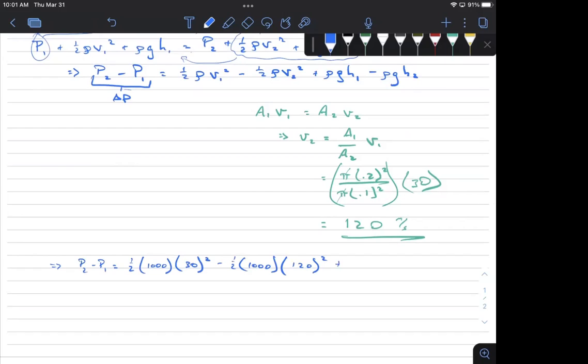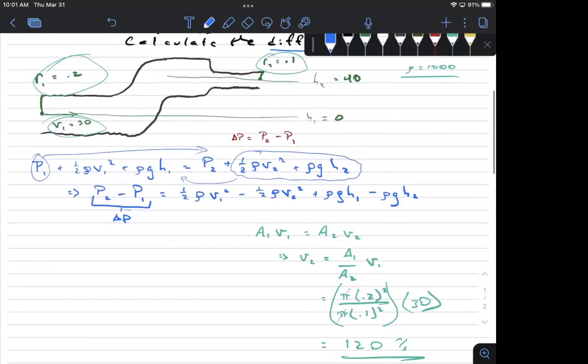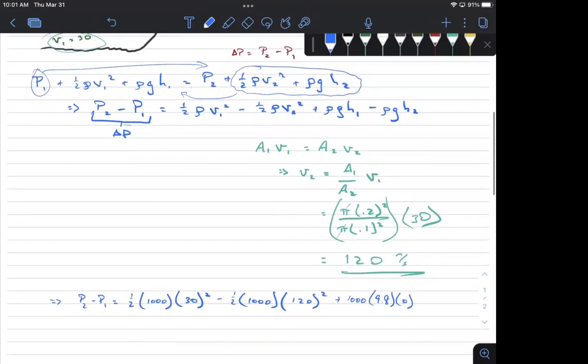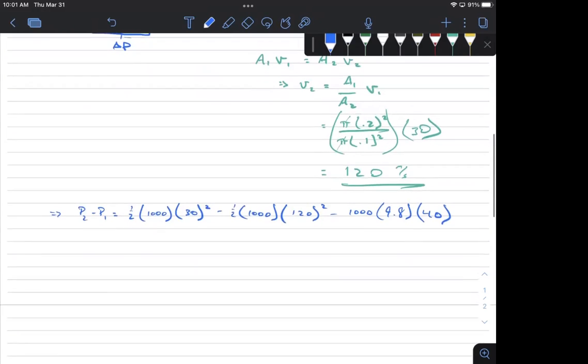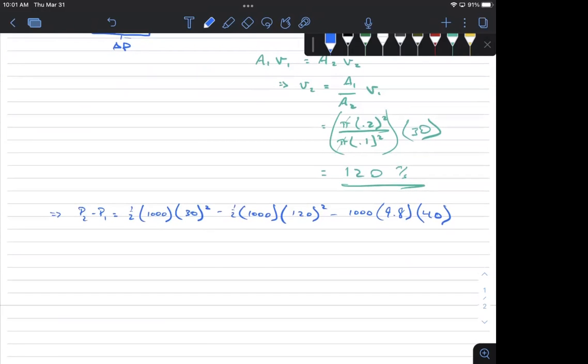Then I have rho g h1, which is 1,000 times 9.8 times h1, which is 0. Remember, I chose the lowest position to be 0. So that term just becomes 0. That's nice. I could just forget it. And then rho g h2, so minus 1,000 times 9.8 times h2, which is 40 above the ground level. And there we go. There's all the numbers plugged into my equation.